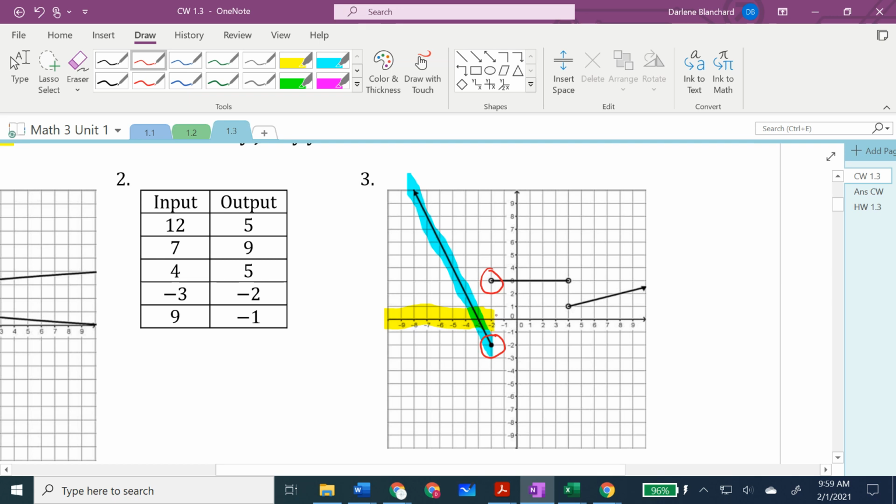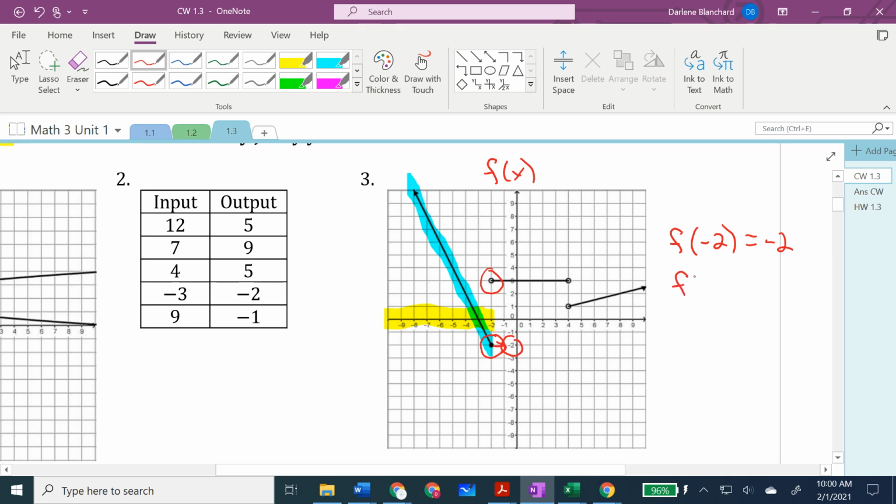So what you want to see on this graph is if I said this is the function f of x, if I asked you what f of -2 is, you would tell me this y value here, -2.